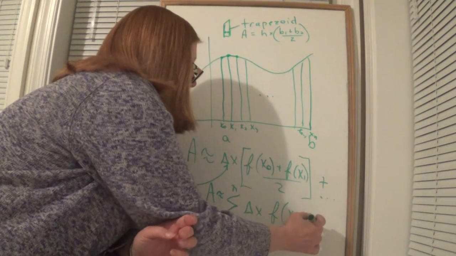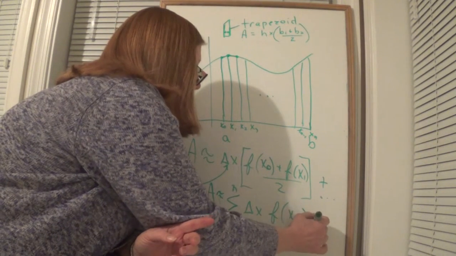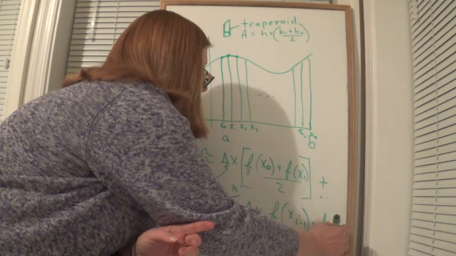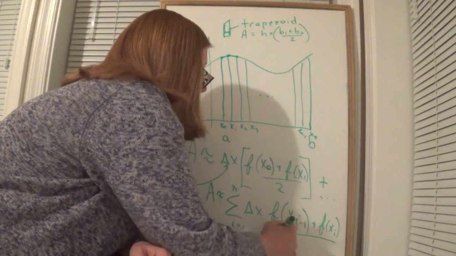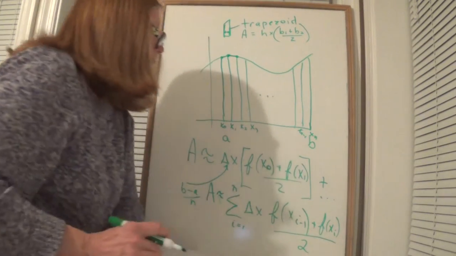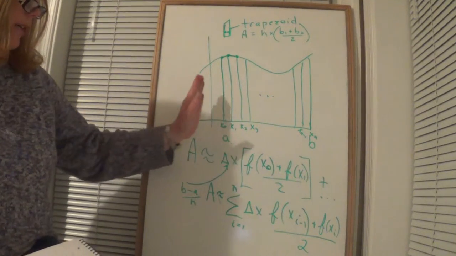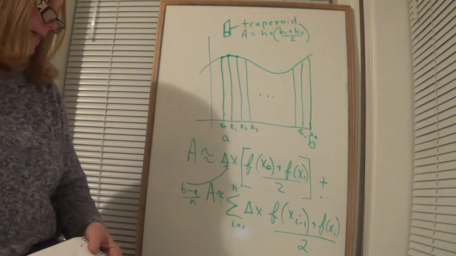And then I'm going to add to that the function of x sub i and divide all that by 2. So there we have the general expression that will give us all of these boxes.